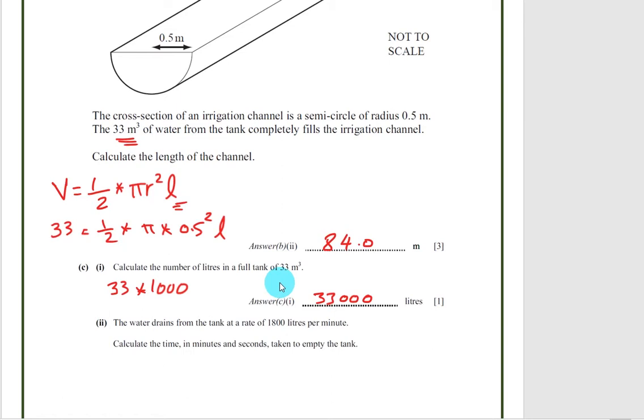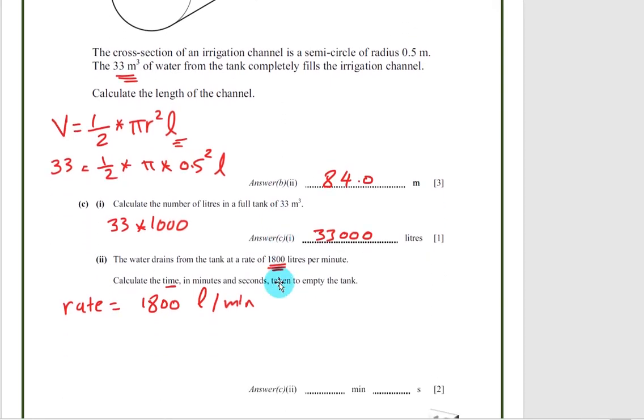The water drained from the tank at a rate of 1800 liters per minute. Calculate the time in minutes and seconds taken to empty the tank.